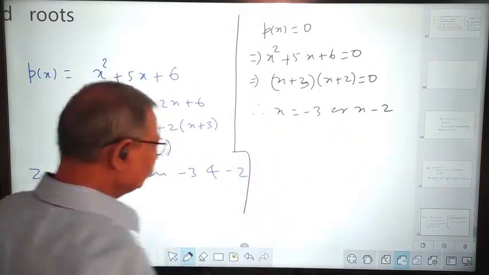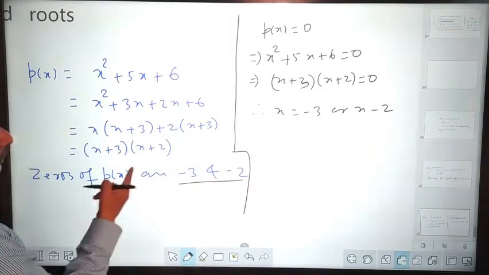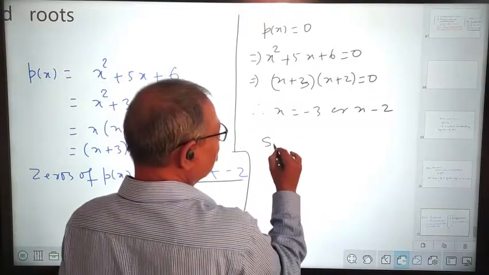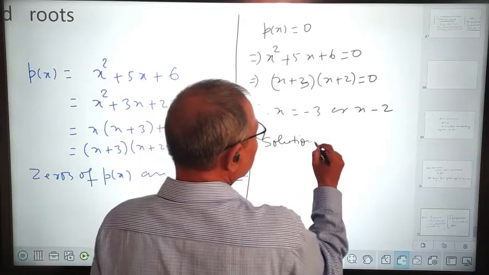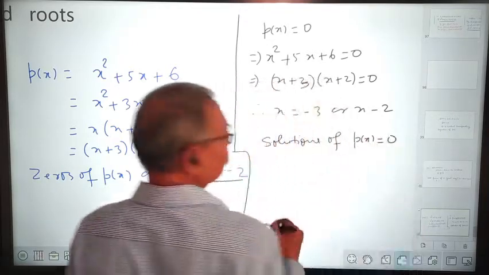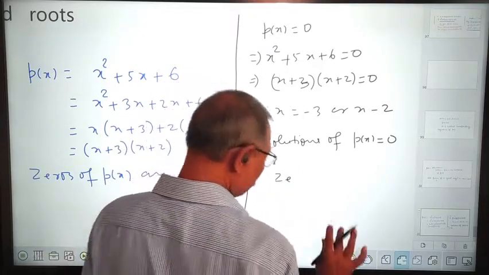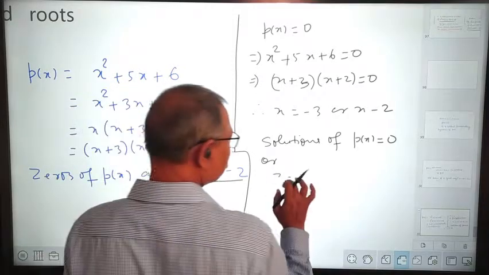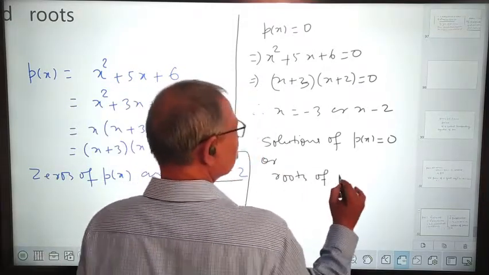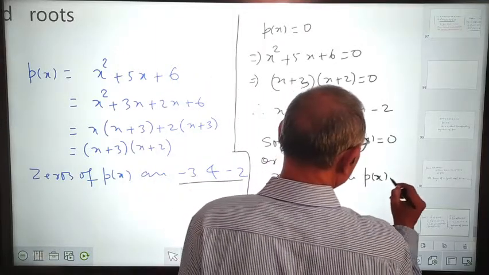Here, these two values are the same as these two. Here, these two are called zeros of the polynomial. Here, these two are called either solutions of P(x) = 0, or you may say roots of the equation P(x) = 0.